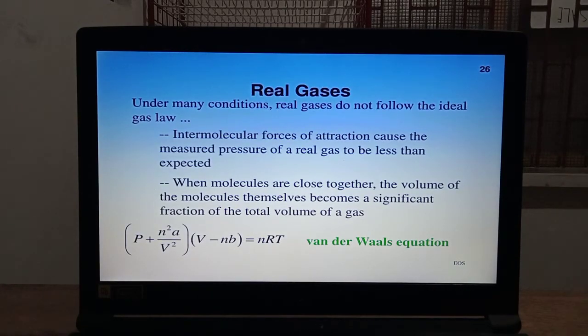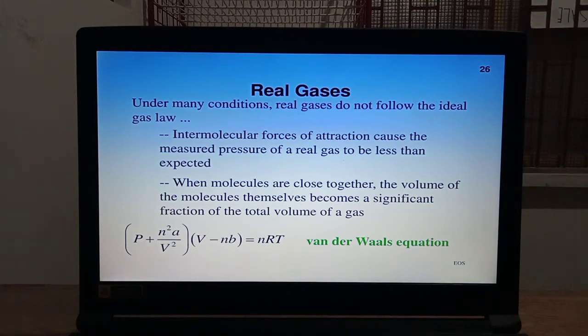Under many conditions, real gases do not follow the ideal gas law. Why not? It is because intermolecular forces of attraction cause the measured pressure of a real gas to be less than expected.